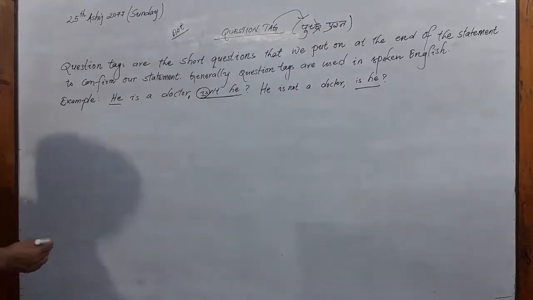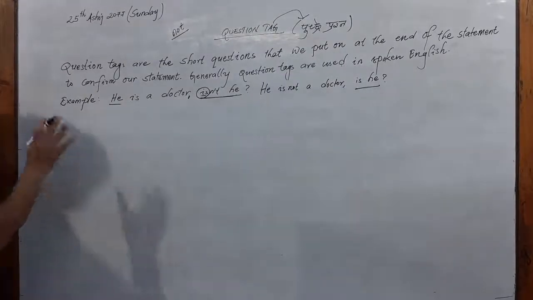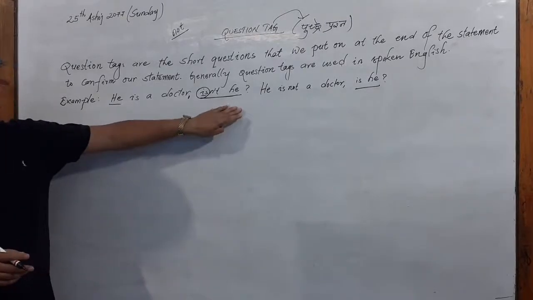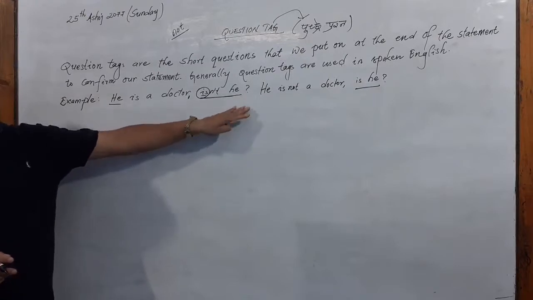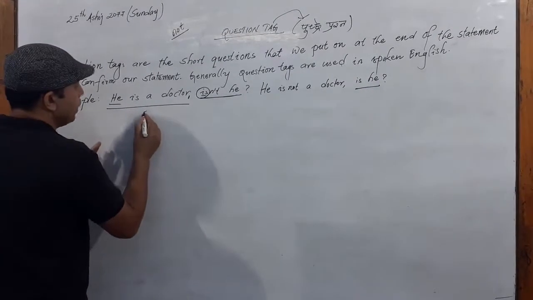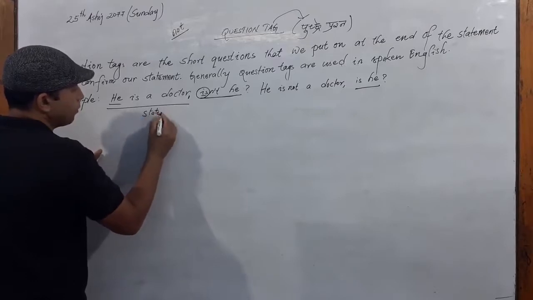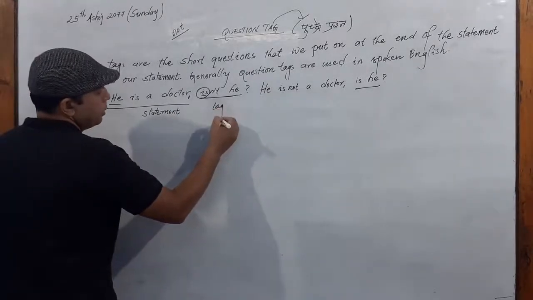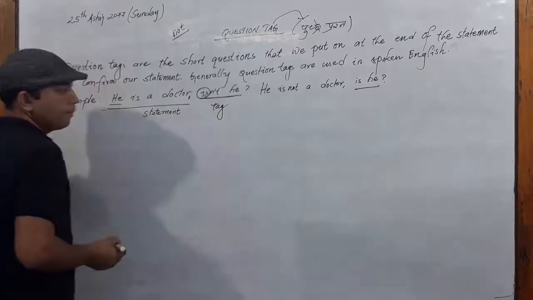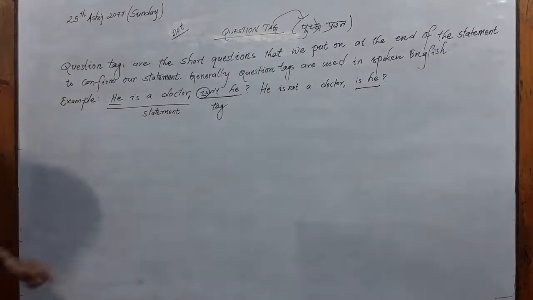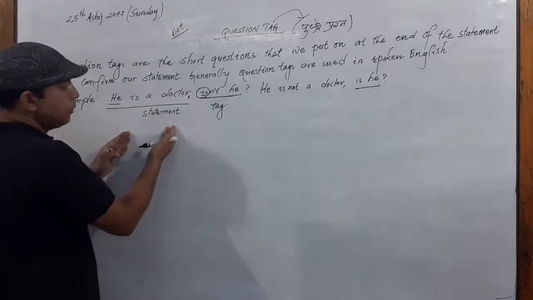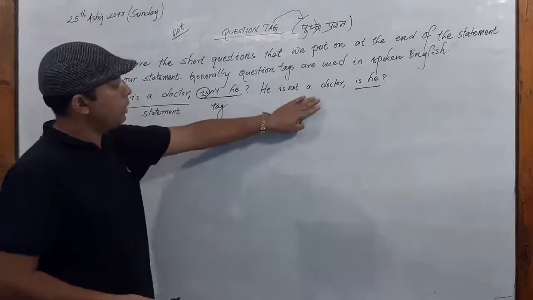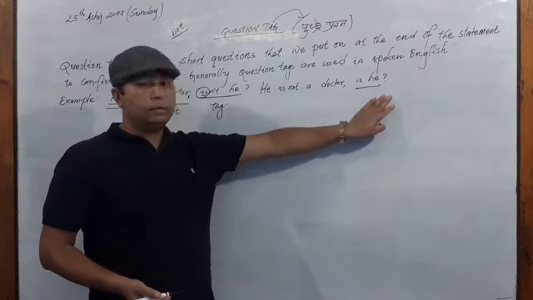So what you have to remember, there are two parts in a question tag. One is called statement, and this is called tag. So if the statement is positive, we have to make negative tag, and if the statement is negative, we have to make positive tag.